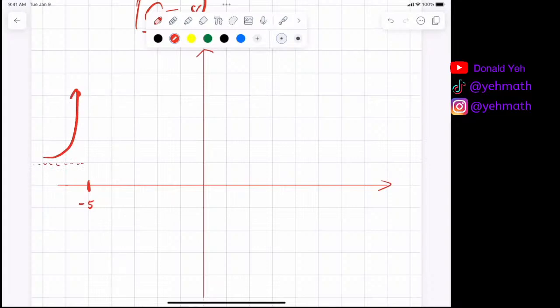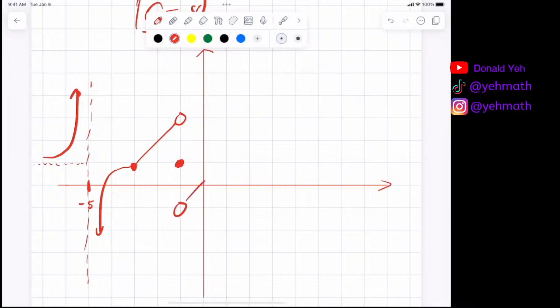And on this way, I'm going to go like this, and it's going to go here, and there's an asymptote right here. And I'm going to have an open circle like that.